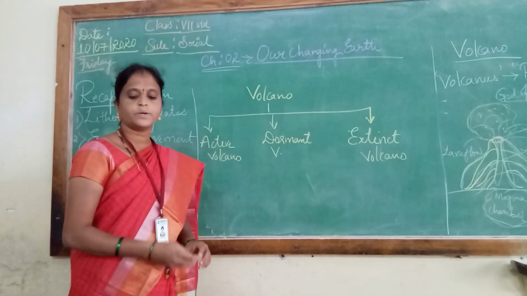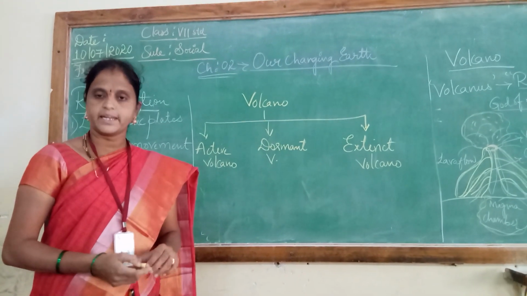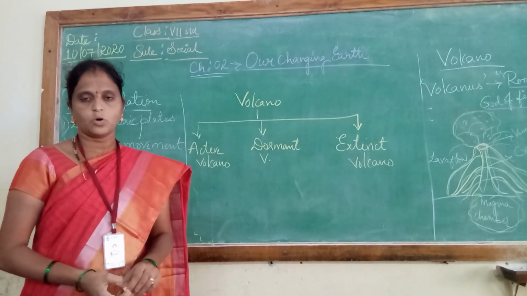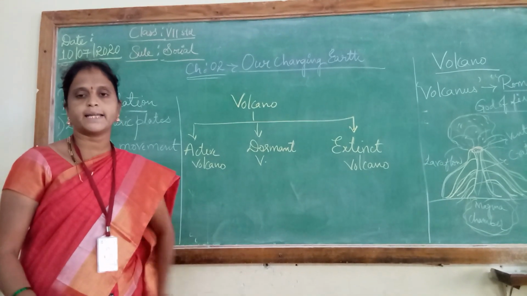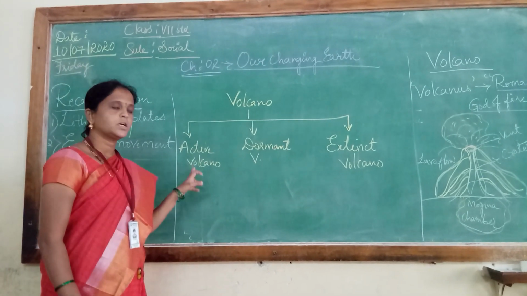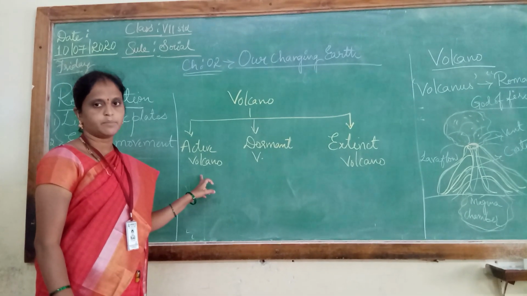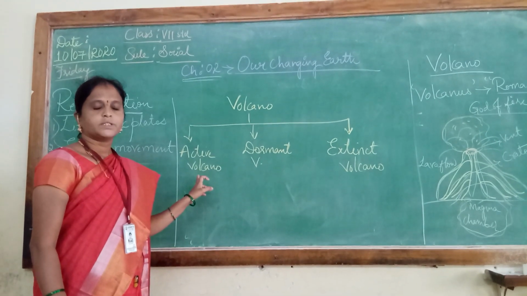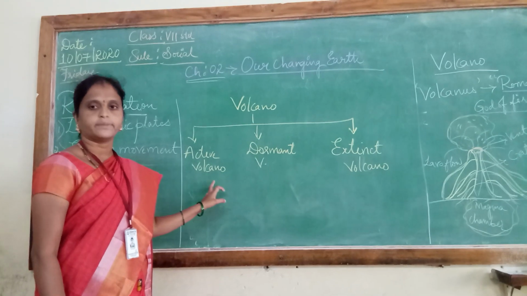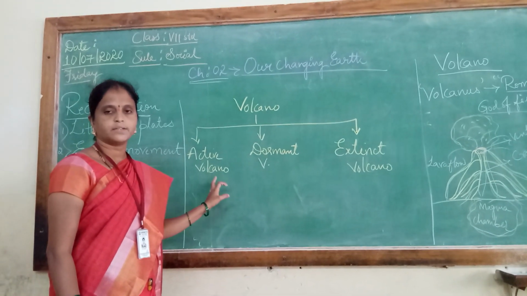So active volcano is a volcano which is erupting continuously or has erupted recently, or the volcanoes which show the sign of unrest. I repeat once again, active volcanoes are the volcanoes that are erupting in the present time or which have recently erupted or which show the sign of eruption or unrest. This is called an active volcano.